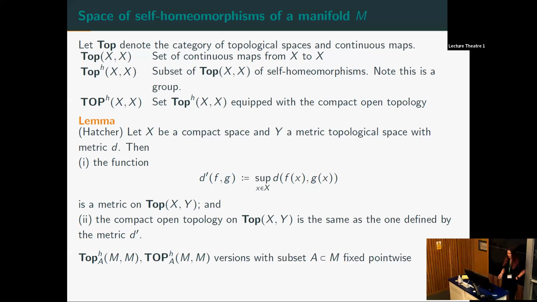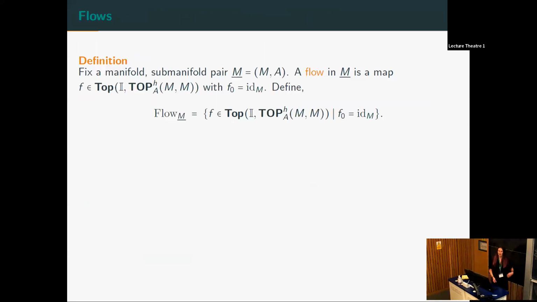And then we're also going to need versions where we fix this set A pointwise, so we only consider the subset of maps where A is completely fixed. Now we're going to fix some choice of a pair consisting of a manifold M and a submanifold A. We say that a flow in M is a map F from I to the space of homeomorphisms, where I, in bold-face, always just means the unit interval.